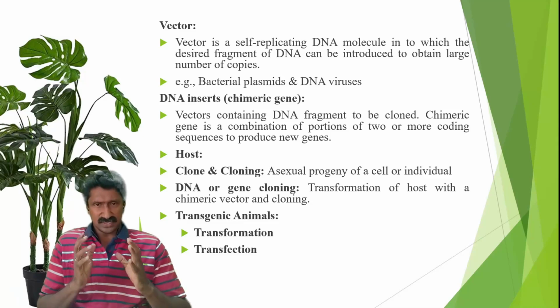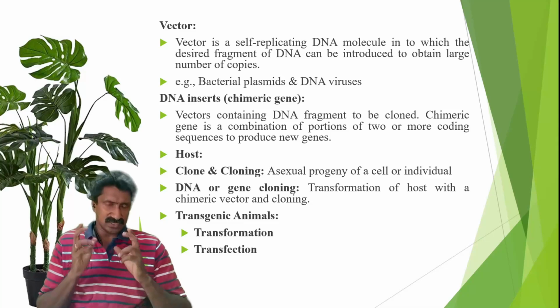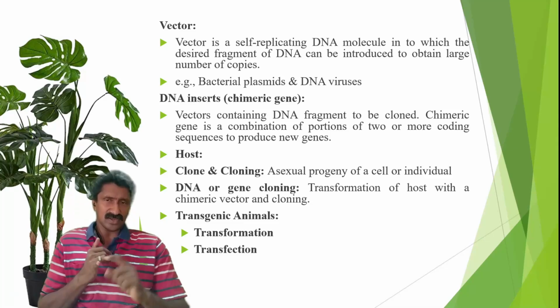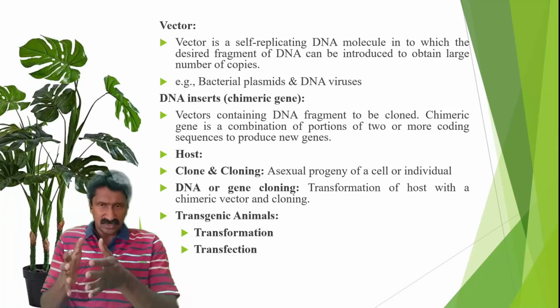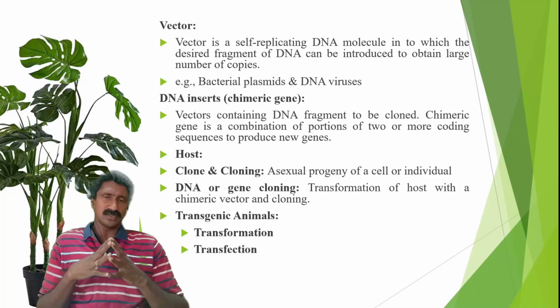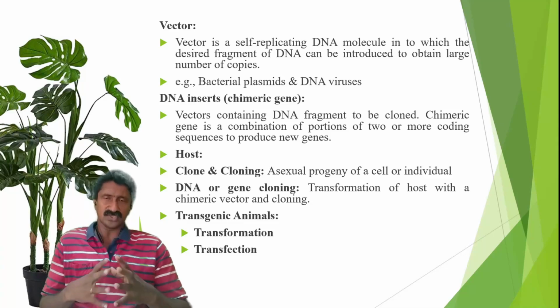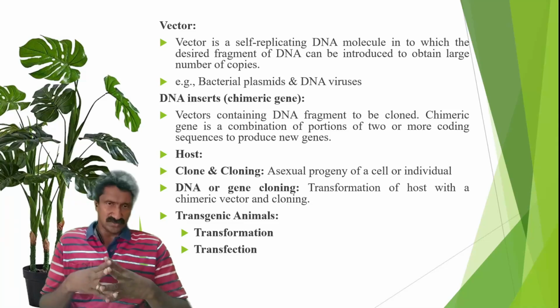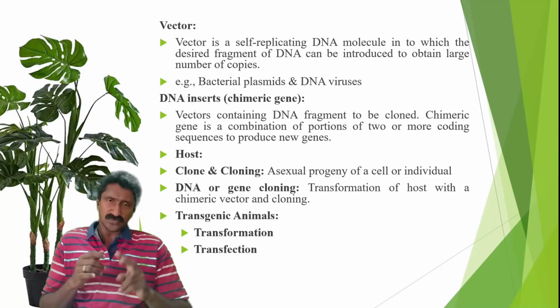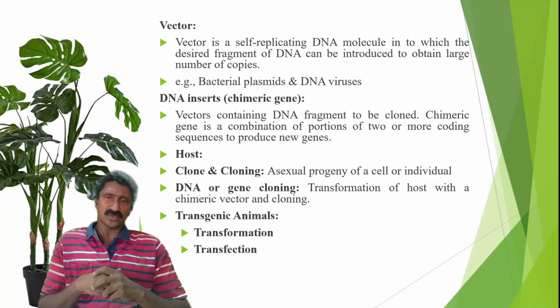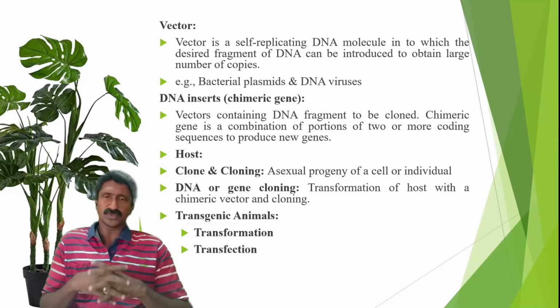So vectors, the chimeric gene, this DNA insert: actually it is the vectors containing the DNA fragments to be cloned. Once the vector is inserted with this DNA insert or DNA fragment, the target gene, then it is a chimeric gene. The chimeric gene is a combination of portions of two or more coding sequences to produce new genes.